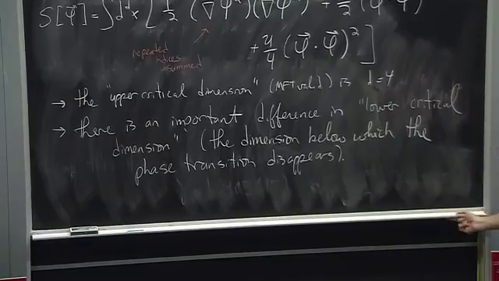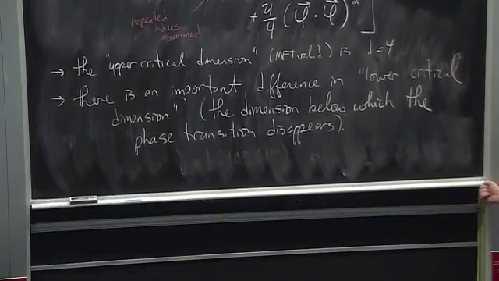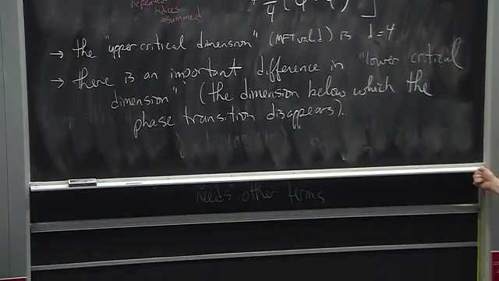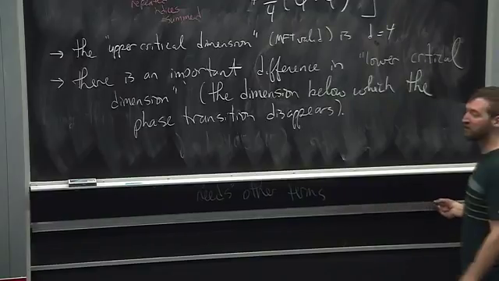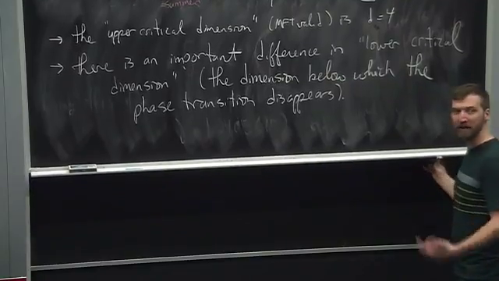In the Ising case, we already argued from many different perspectives that there's no Wilson-Fisher fixed point. There's no Ising phase transition in one dimension.